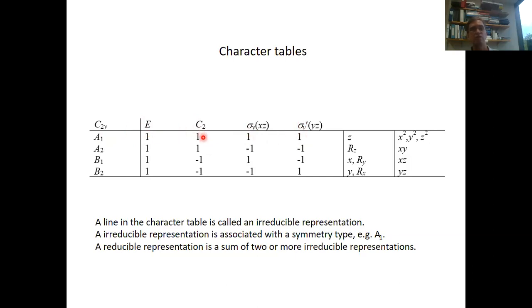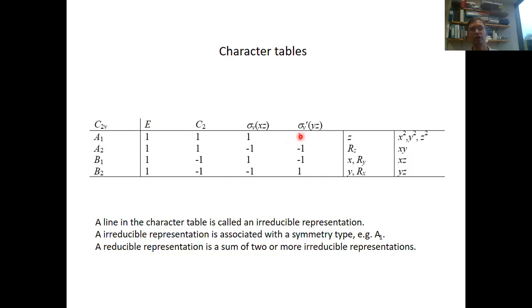So essentially, these numbers basically say what the respective symmetry operations do with the coordinates in the respective point group. The character 1 means that nothing changes to the respective coordinates as we carry out the symmetry operation.